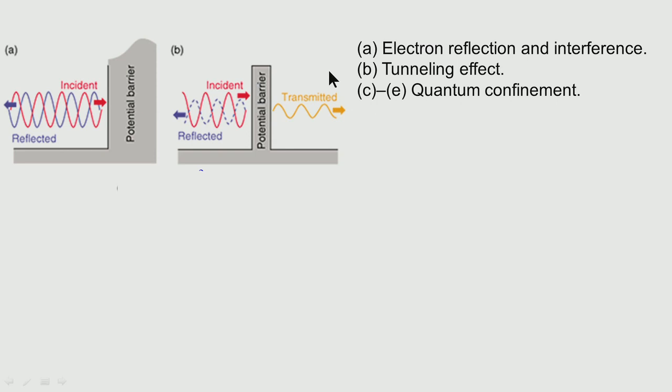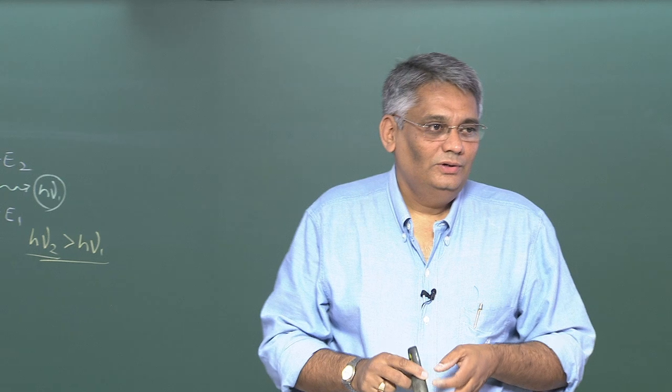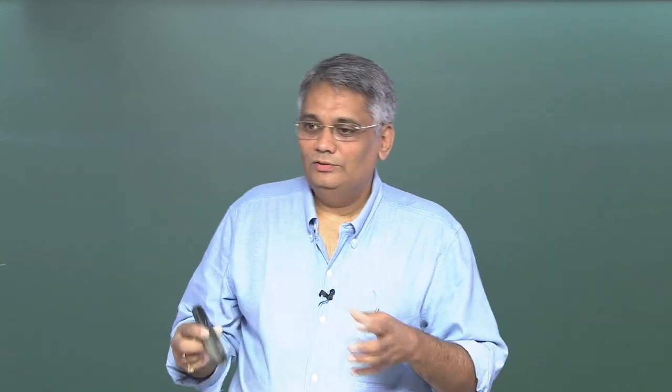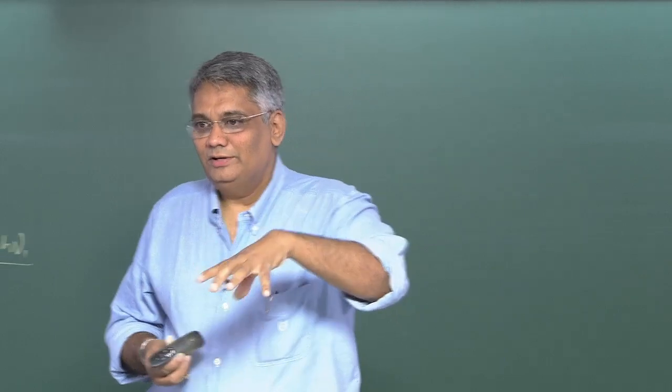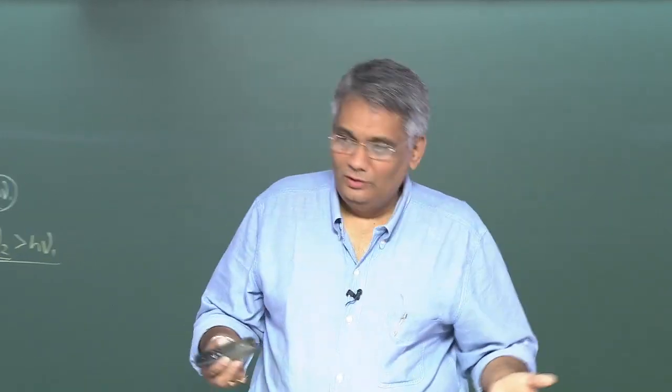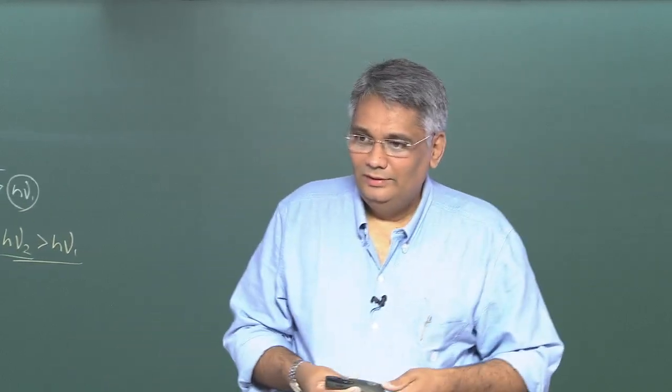I gave you a brief introduction to what is meant by tunneling, and also I've shown you one of the very important applications of the tunneling process in the construction of a technique called scanning tunneling microscope. It all depends on electron tunneling between two metal barriers separated by an insulating barrier. That's what happens here.